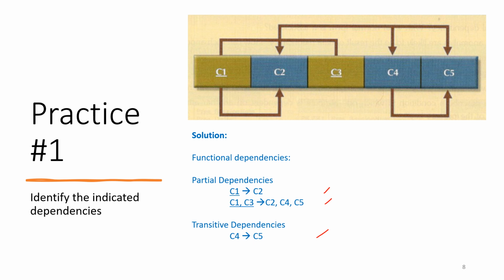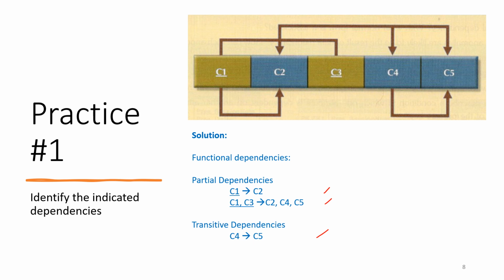Again I repeat, in the first normal form we define the functional dependencies and identify whether each is a partial or transitive dependency. Then we proceed with the second normal form, that is to remove all the partial dependencies by creating a new table. We split the table.